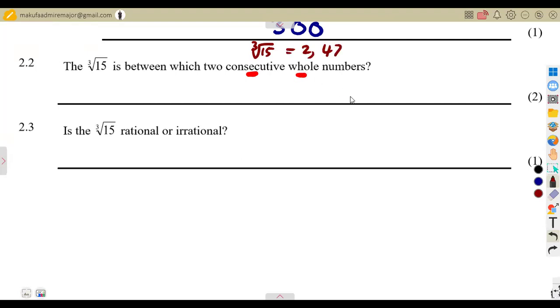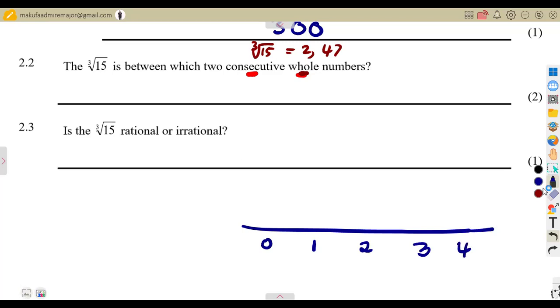So guys, if you understand this, 2,47 is between which consecutive whole numbers? On a number line, this is 0, 1, 2, 3, 4, and so on. 2,47 is a value that is bigger than 2, so maybe we can have it somewhere there. But this value is smaller than 3.